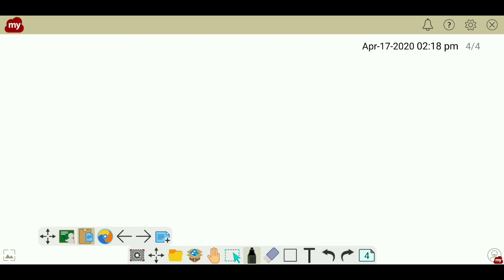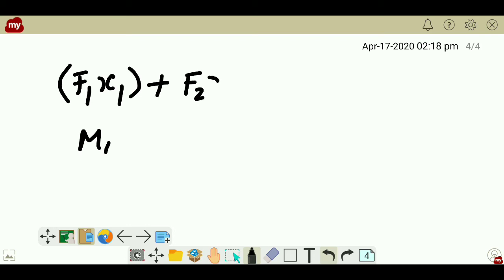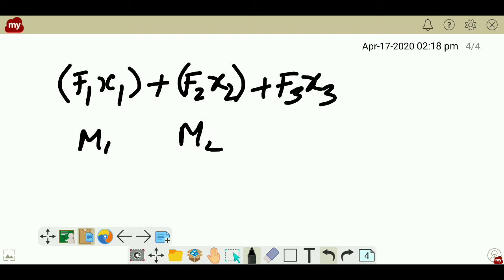According to the statement, F1 is the force which can create a moment, which can be written as F1 x1. It is the intensity of moment, that is nothing but moment 1 with force 1. And F2 x2 is the moment created by force 2, that is moment 2, plus F3 x3, the moment created by the third force, that is moment 3.